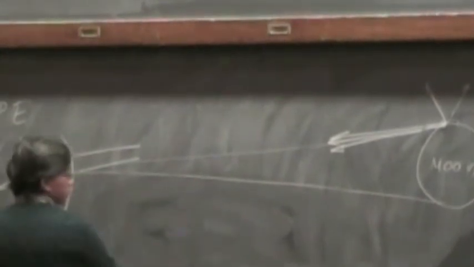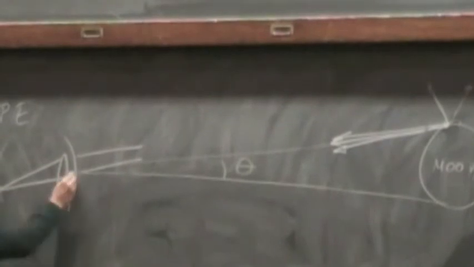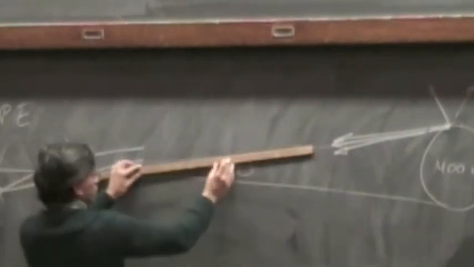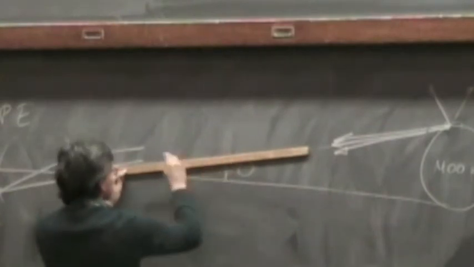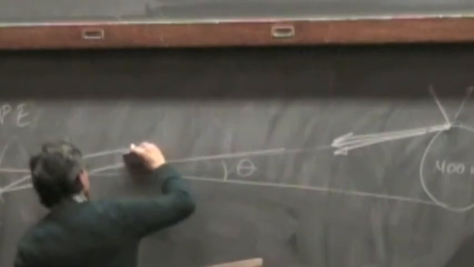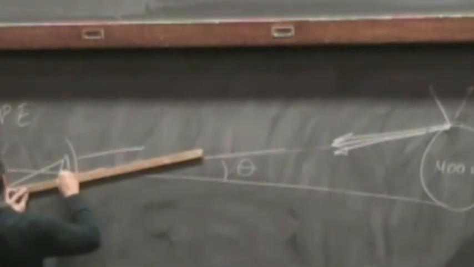Well, those light rays are coming at an angle theta, and we do know that the light ray that hits the center of the lens, nothing happens to it. It just continues moving. So that light ray is going to continue that way and hit the retina.